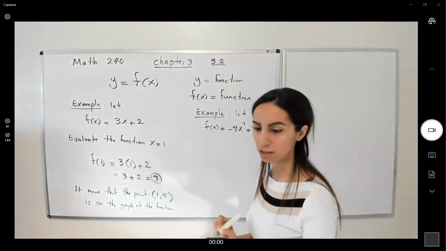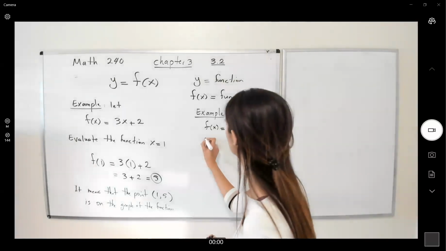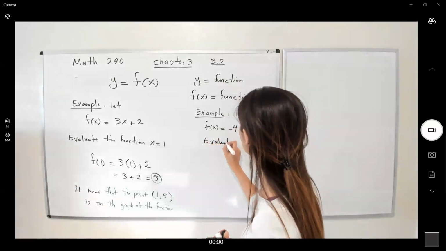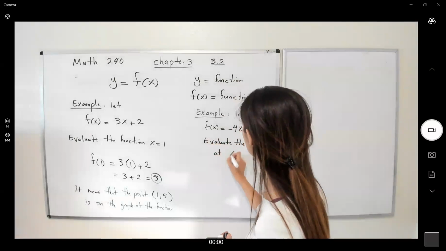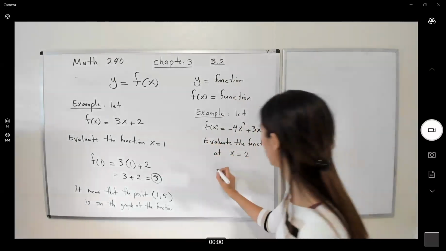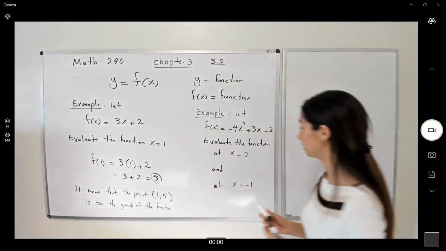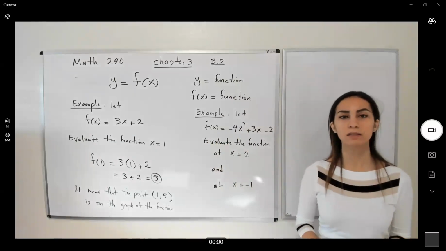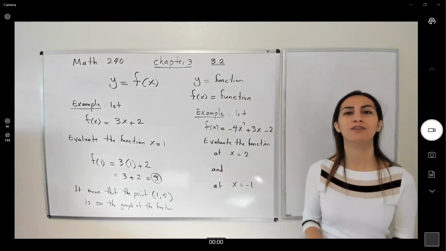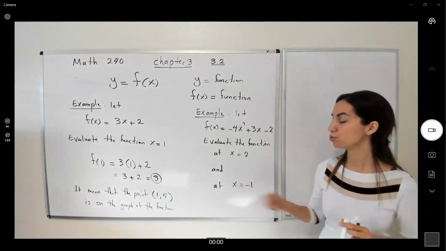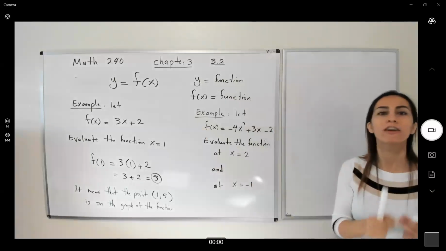The question says evaluate the function at 2 and at negative 1, at x equals negative 1. In this case, the question gives you 2 x values and asks you to evaluate the function at these 2 x values. What's the meaning of that? The question is asking to find your y value.